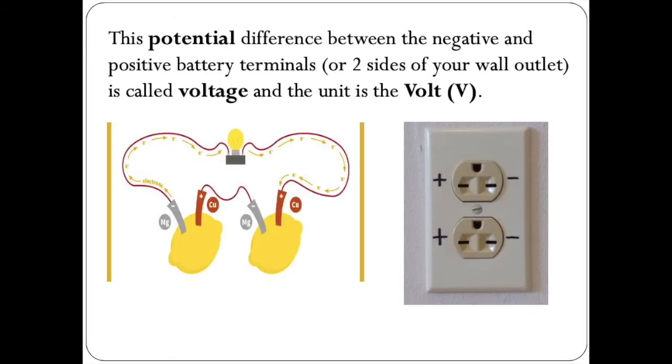The potential difference between the negative and positive battery terminals, or the two sides of the wall outlet, notice they're also positive and negative, is called voltage, and the unit is the volt. So when we describe the voltage, we're really talking about the potential energy contained in the battery or contained in that wall outlet. The potential difference between the negative and positive sides is the voltage.